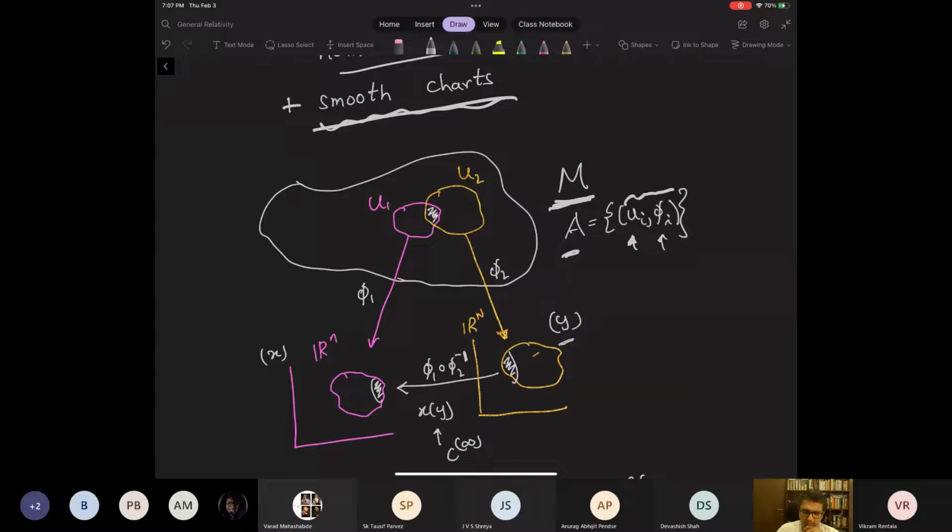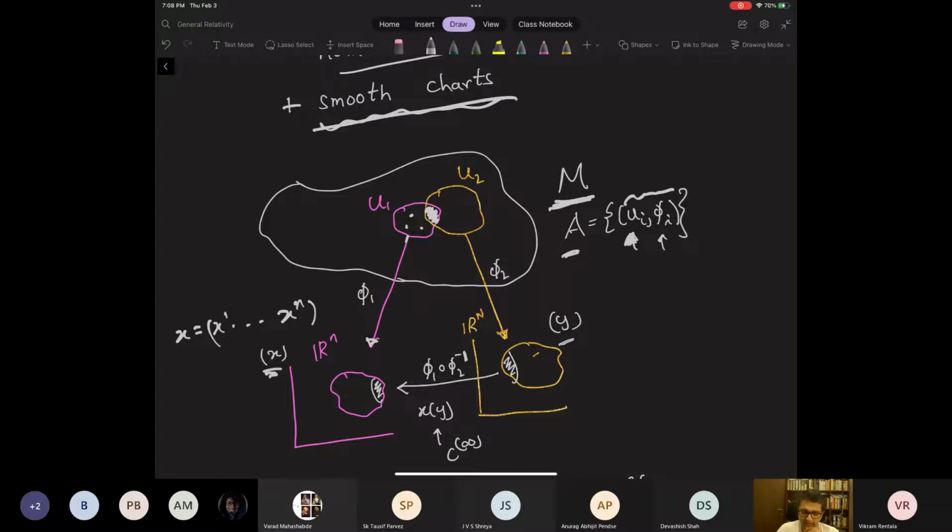Now imagine there is some region of overlap between two patches, U1 and U2. In the U1 coordinate system, any point in this U1 region can be assigned coordinates, which we label as x, meaning the components x1 through xn for an n-dimensional manifold.